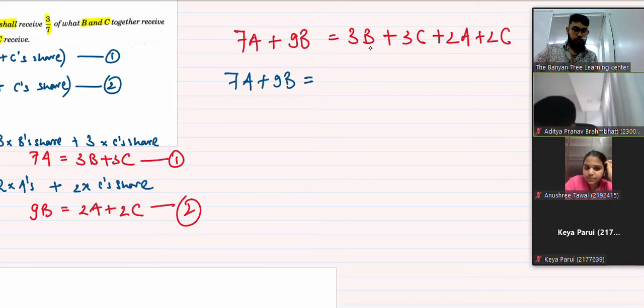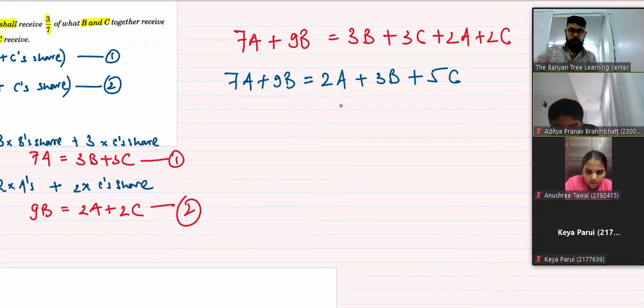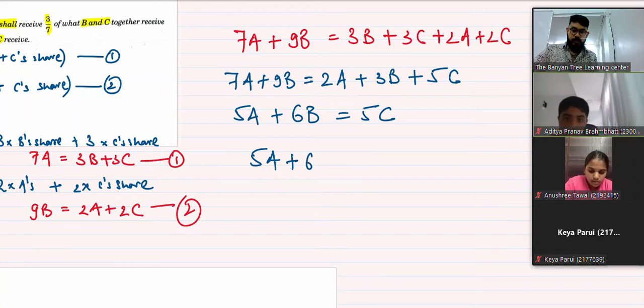And here we have 2A plus 3B plus 5C. Now let us shift 2A and 3B to the other side. So we get 5A plus 9B minus 3B, 6B, is equal to 5C, or 5A plus 6B minus 5C is equal to 0.